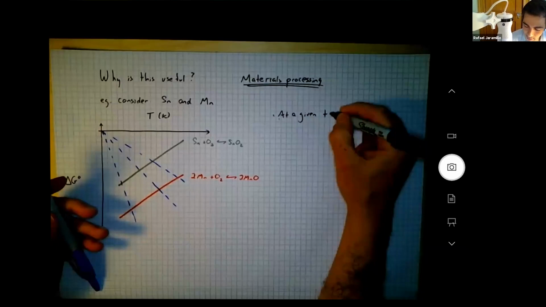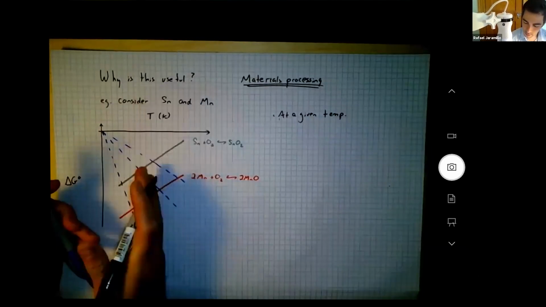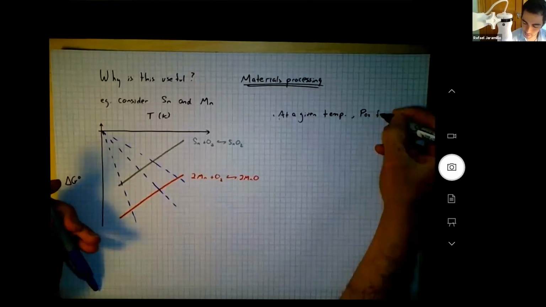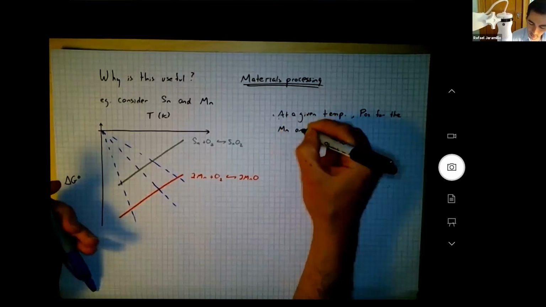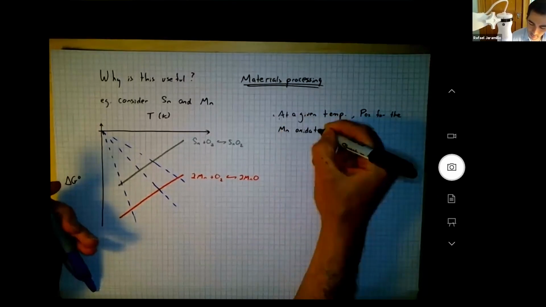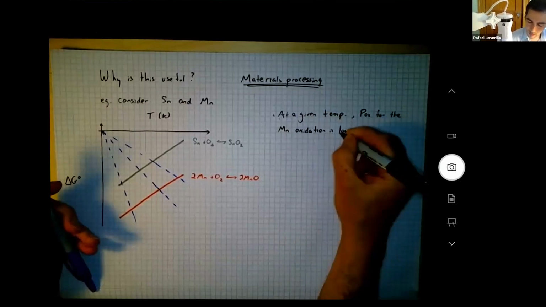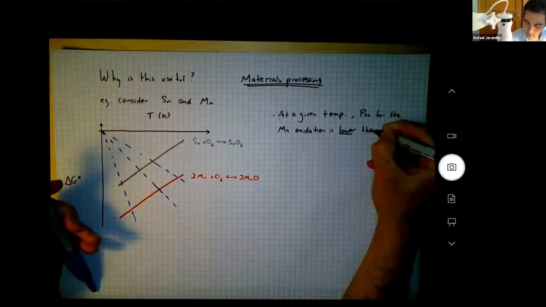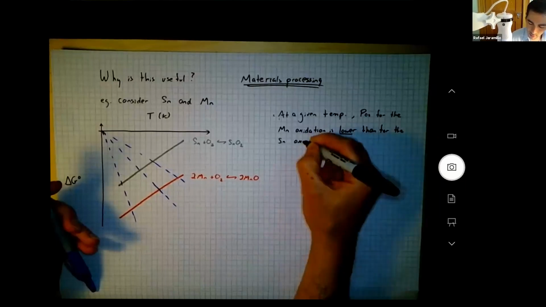At any given temperature, PO2 for the manganese oxidation reaction is lower than for the tin oxidation reaction.